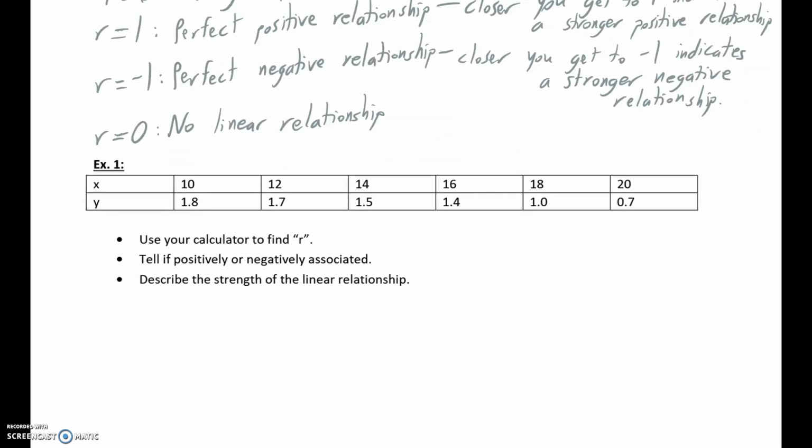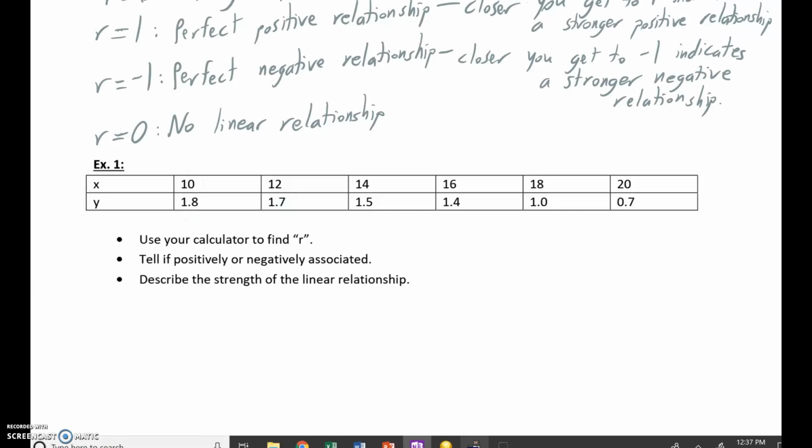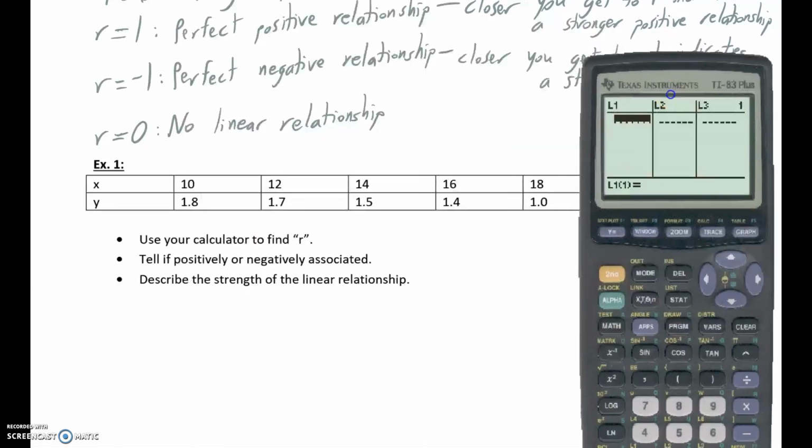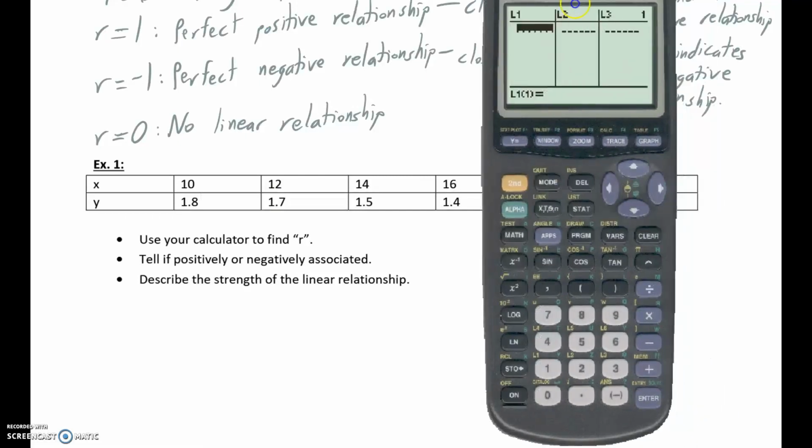All right, let's actually try one. No context here. I'm just going to give you a set of ordered pairs. This is an ordered pair, this is an ordered pair, and so on. You're going to grab your handy-dandy calculator, and we're going to type these in. I'm going to type in the X values first: 10, 12, 14, 16, 18, and 20.